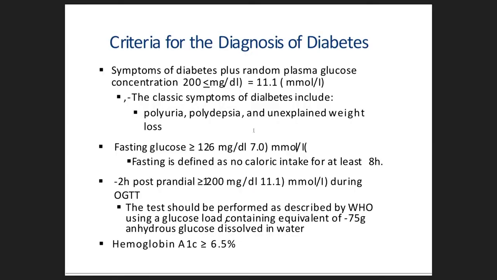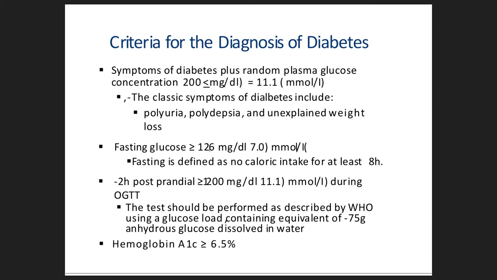Think of diabetes. What are the criteria for diagnosis of diabetes? First of all, we should have symptoms of diabetes, as we mentioned before, plus either fasting glucose equal or more than 126 milligram per deciliter. To convert milligram per deciliter to millimole, we have to divide by 18.